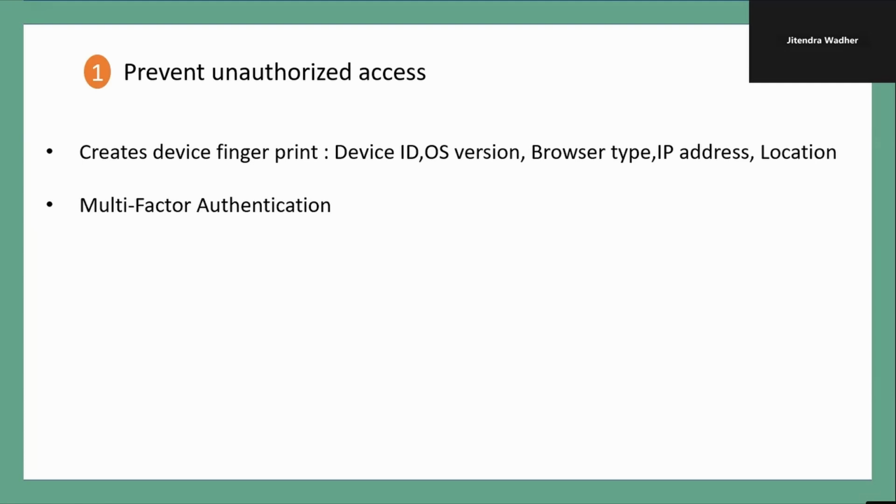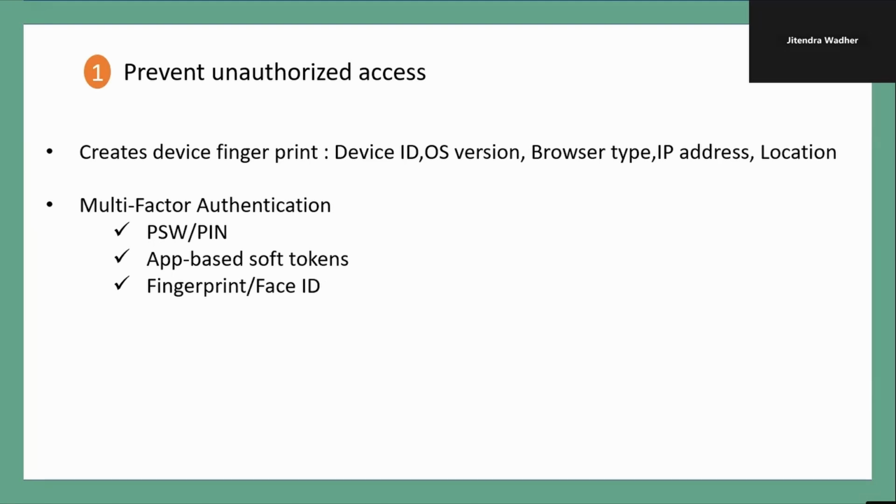And then it applies multi-factor authentication. Multi-factor authentication has multiple steps, more than one authentication. One level of authentication could be the use of password or PIN. The second level could be based on app-based soft tokens, right? We have Microsoft Authenticator, which we normally use, or any other software which provides a token. Another factor could be based on fingerprint or face ID.